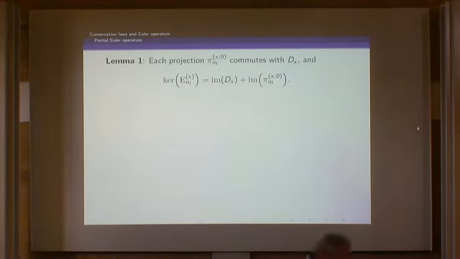The first one, a couple of simple things. The projections commute with the total derivative with respect to x. Projection with respect to ui and x commutes with that. And the kernel of this Euler operator with respect to ui and x consists of the vector space sum of the image of D_x and the image of this projection. Now, let me unpack that a little bit.